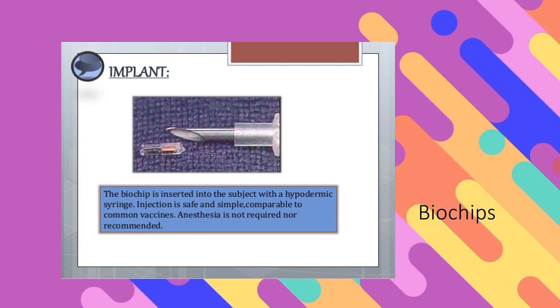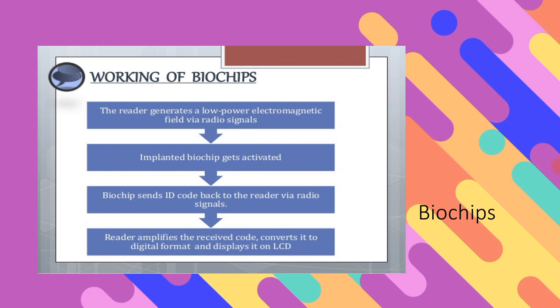Next is the working of the biochip. We saw the working in the part on the biochip components, also the construction of the biochips. Now we will see it grossly. The working of biochips starts with the reader. The reader generates low power electromagnetic radiations via the radio signal.